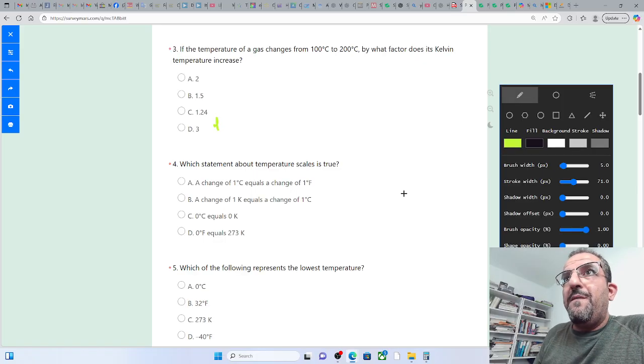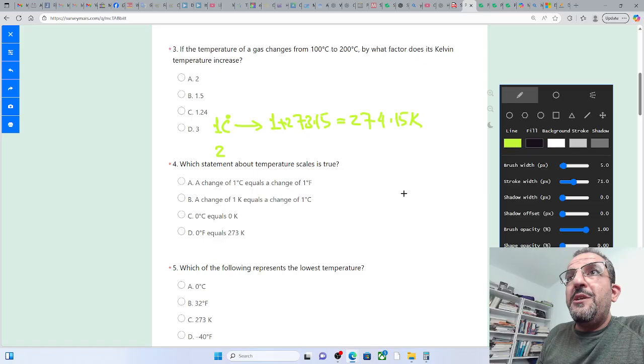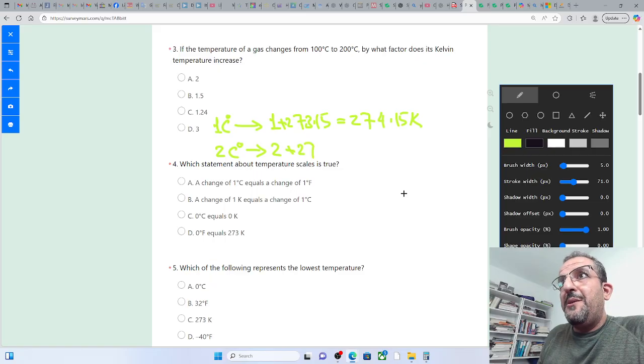So converting from 1 Celsius to Kelvin, I will have 1 plus 273.15, and that's going to give me 274.15 Kelvin. And if I change from 2 Celsius to Kelvin, I will have 2 plus 273.15, and that's equal to 275.15 Kelvin.